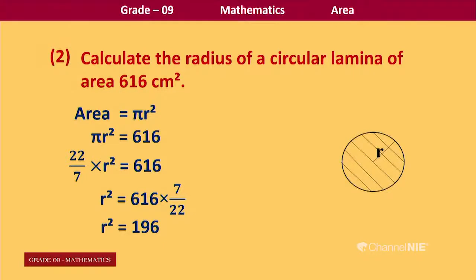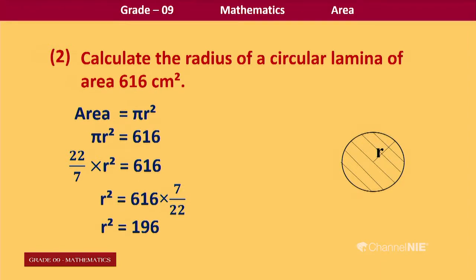Now multiplying both sides by 7, the 7s cancel. 616 multiplied by 7 and divided by 22. Here 22 and 22 will cancel, leaving 7 over 22. Now you can simplify 616 and 22. First divide by 11.